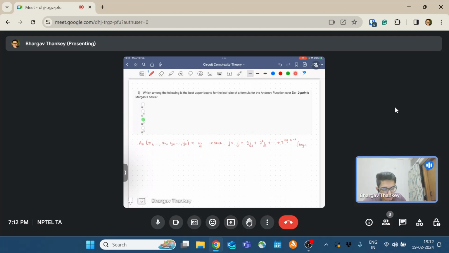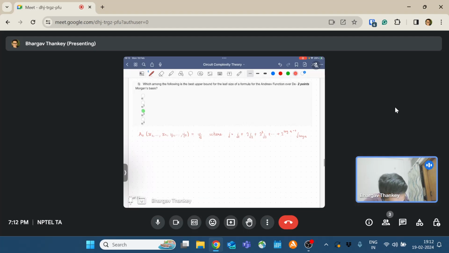Yeah, so basically this is just the binary representation. Let me use this notation, the binary representation. This is just going to be j log n all the way down to j1.